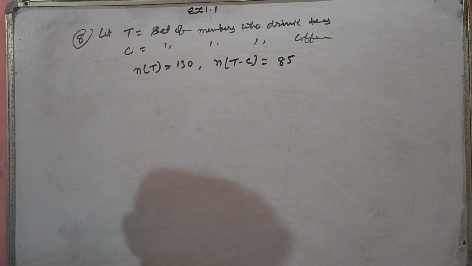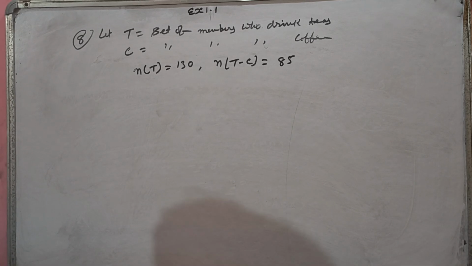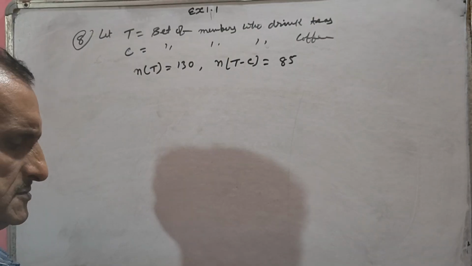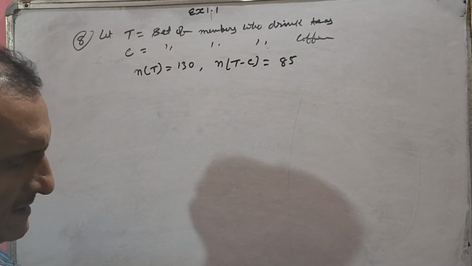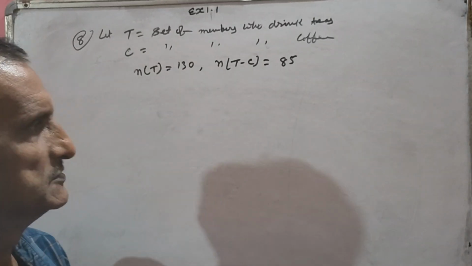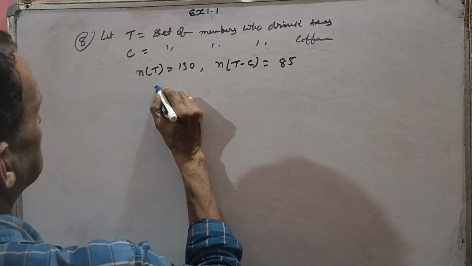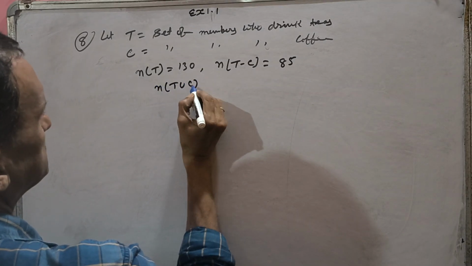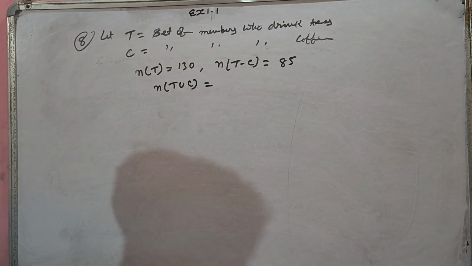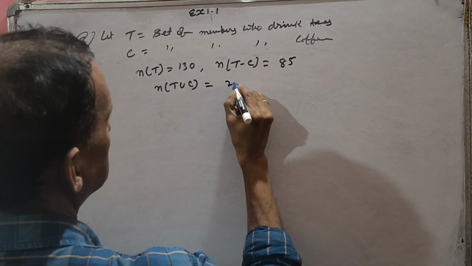Then the total number of members is given 250, and it is also mentioned that each of them drinks at least either one, means this is not U, this is T union C, and T union C is given how much? 250.